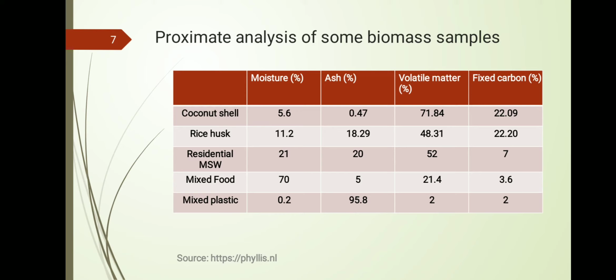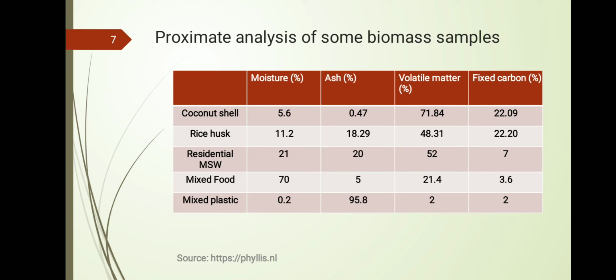But in this case it is very high in ash content and low in volatile matter and fixed carbon, so it is not that suitable for energy production. It is better to go for pyrolysis or some other treatment so that we can convert this into oil, bio oil. That is the case for mixed plastic.